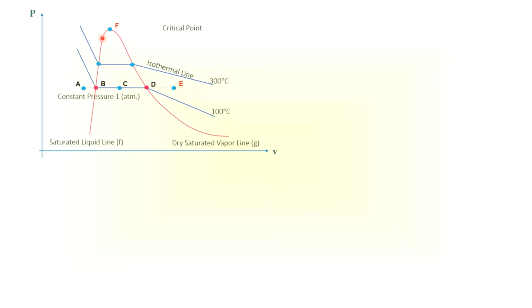If you join all the points together, it will form a curve like this, showing the different boiling temperatures, that means different isothermal lines, at different pressures. This line is called the saturated liquid line.